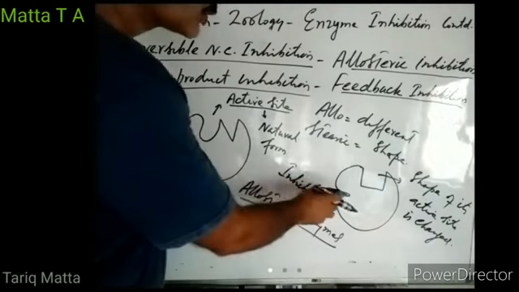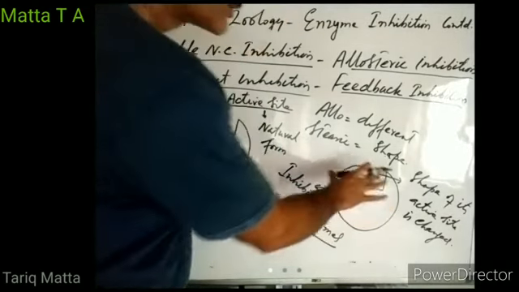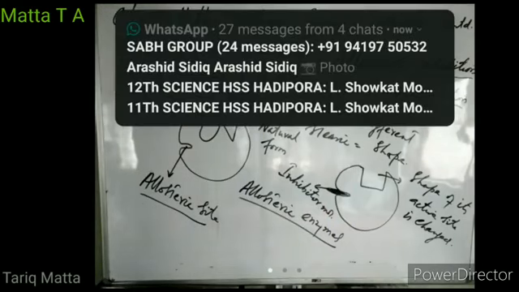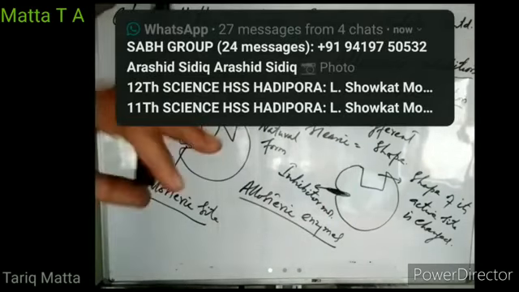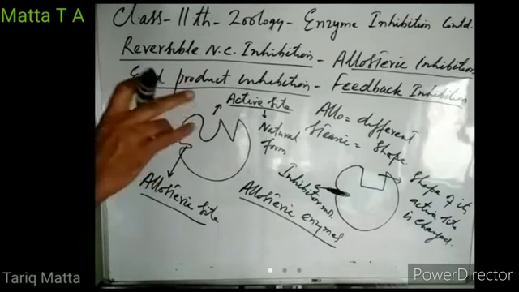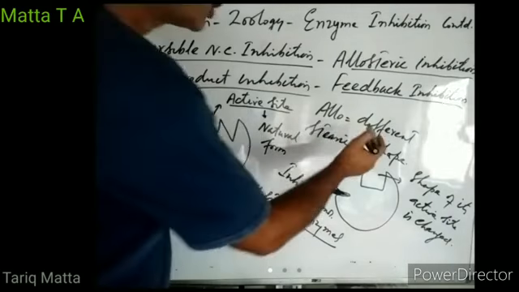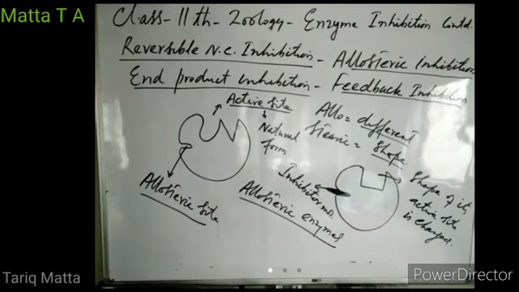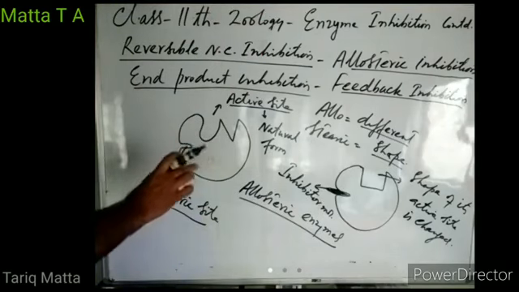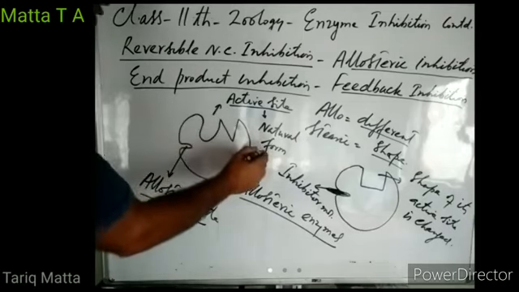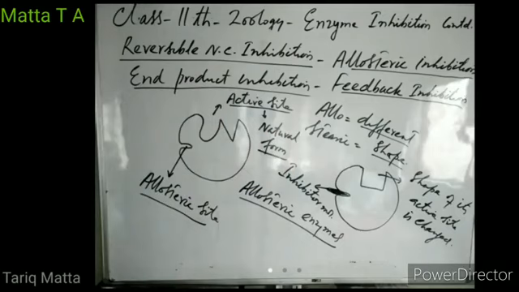So this inhibitor molecule causes the inhibition of the enzyme by bringing about a change in the shape of its active site. So we call these enzymes allosteric enzymes. Why do we call them allosteric enzymes? Because they show different shapes. When the enzyme does not have an inhibitor molecule bound to it, the active site is in its natural shape or natural form.